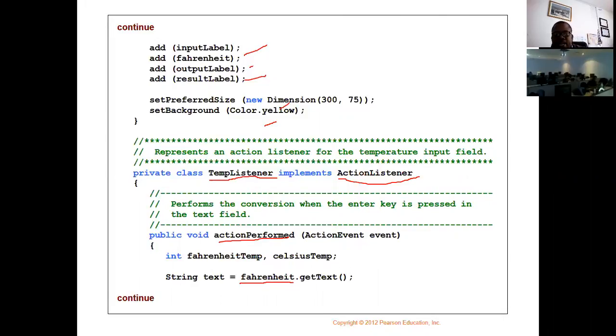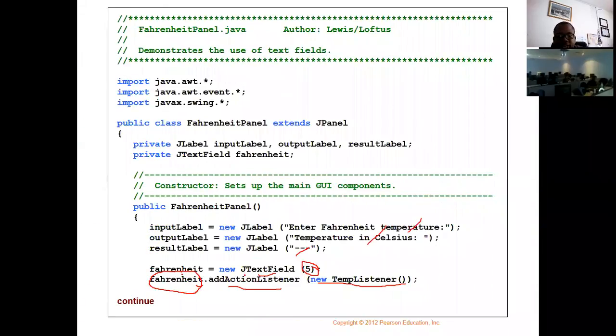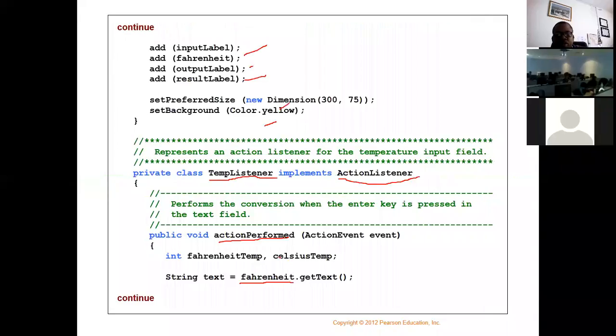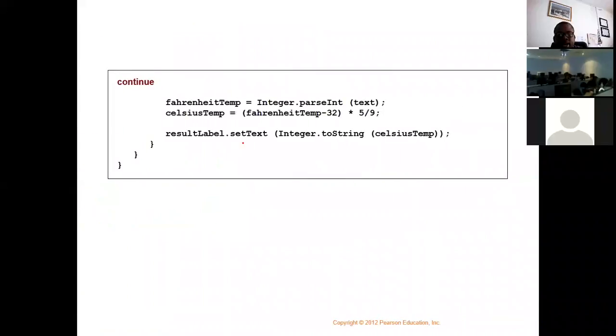Remember what Fahrenheit was. Fahrenheit is a JTextField. So there's a method associated with the JTextField that allows us to get the text. And we put that into a string called text. Then we parse that text and change it to an integer. Yes?